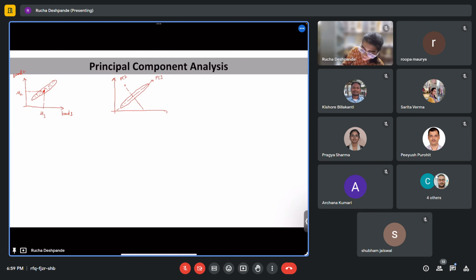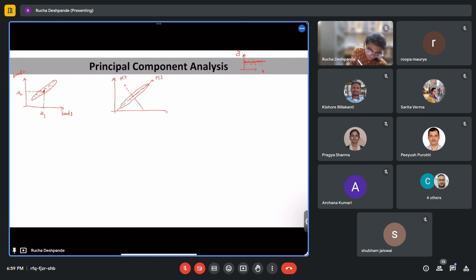So if this is my xy and there is no correlation between the dataset, then it would just appear like this, that for any value of x, y is not at all correlated with x. So after this transformation, along PC1 and PC2, there would be no correlation between the data. So yeah, we'll look at the steps of this transformation now.